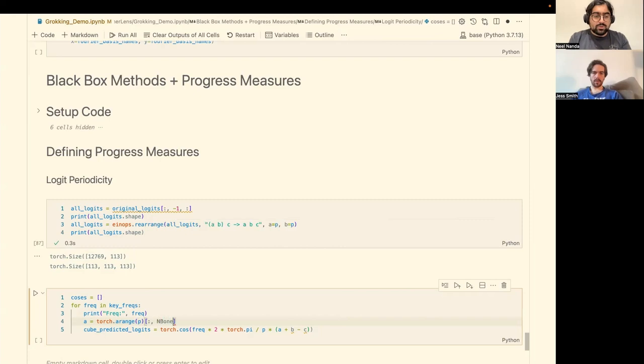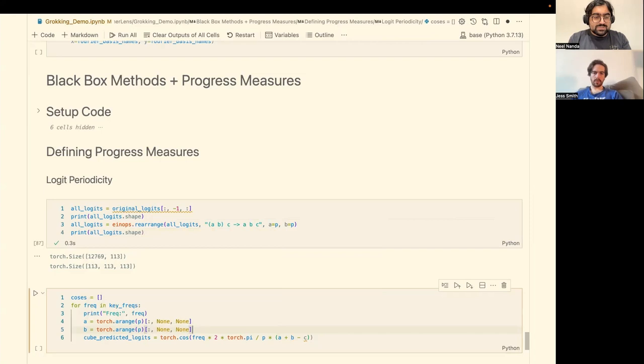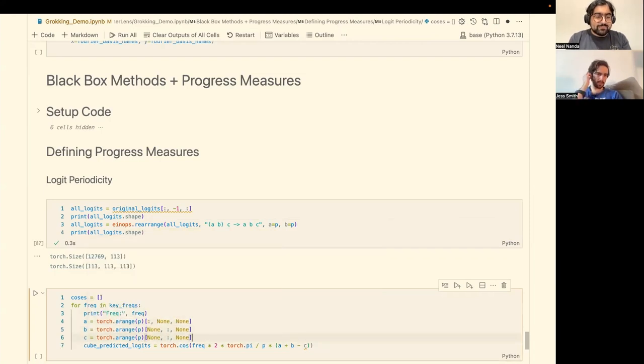We want them all to vary independently, so we will use the magic properties of tensor broadcasting, where we have a, b, and c axes. Fingers crossed, this should just totally work.